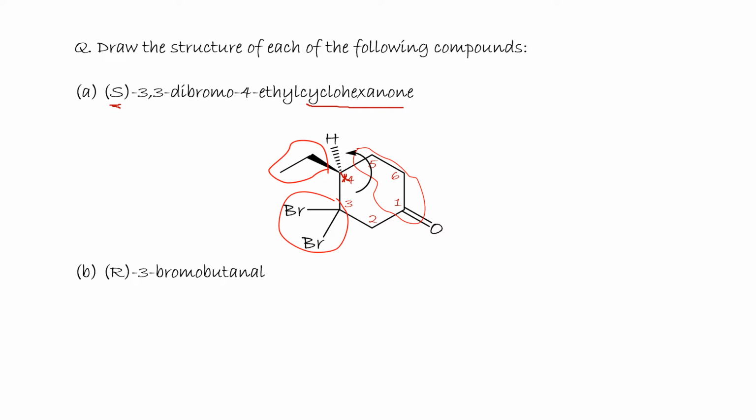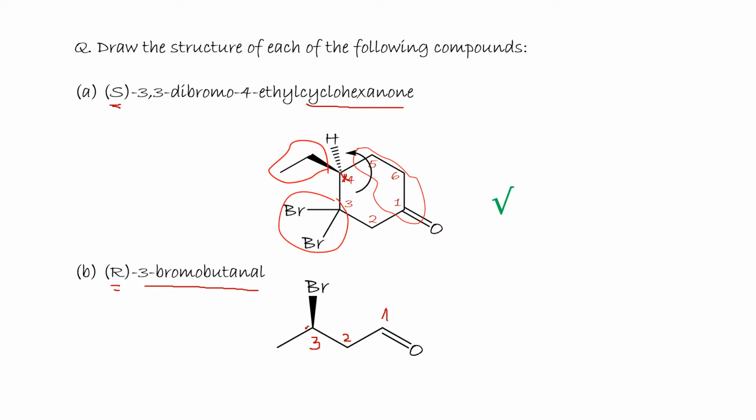For the R-3-bromobutanol, first we have the butanol, then on carbon number 3, this is 1, 2, 3. So this is number 3. I put the Br up and try to see it.